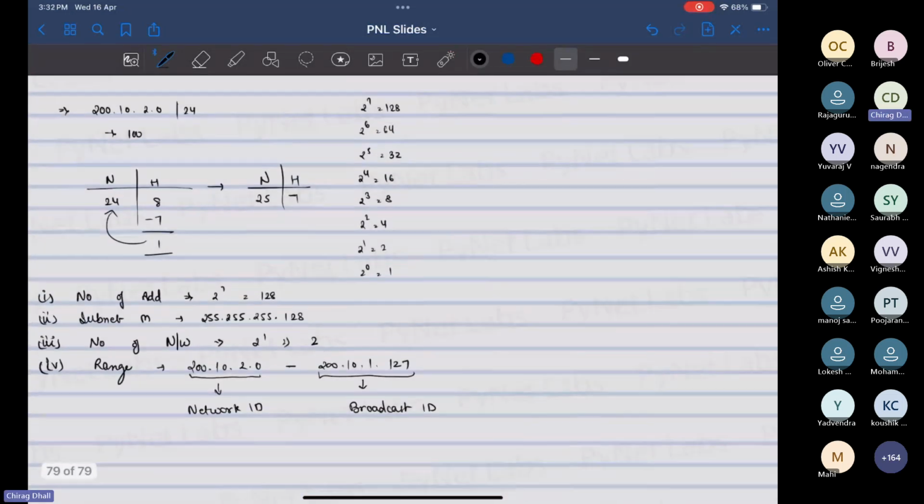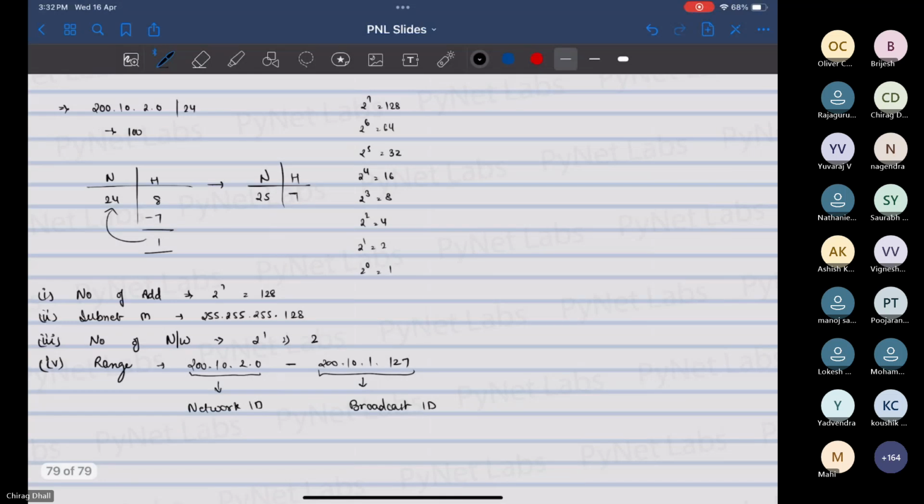Any questions or doubts in this? Okay, so we have a question about range again.